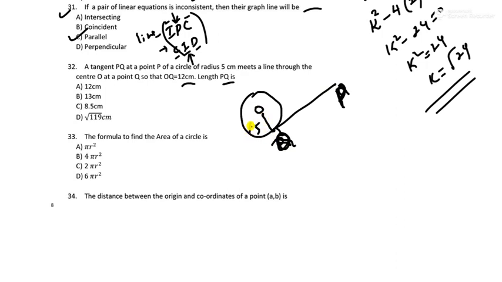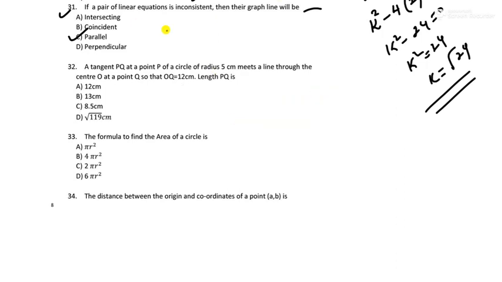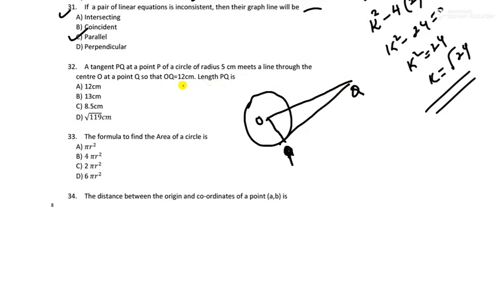Okay, sorry, there is a mistake. Just a minute. See here, the diagram is like this. This is the center, with O. Tangent PQ at a point P of a circle of radius 5 meets a line through the center at a point Q, such that OQ is 12.